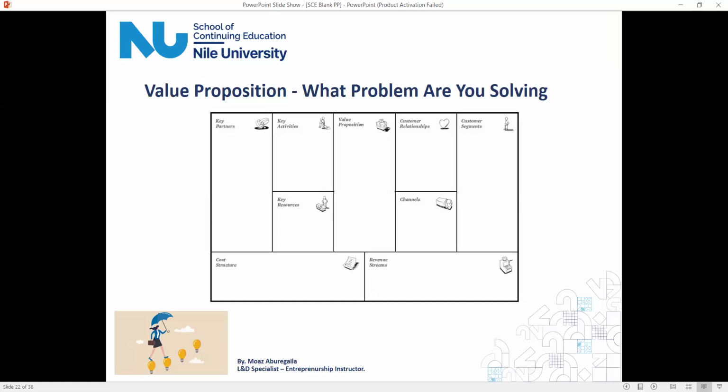When you say value propositions, are we looking at the numbers? I don't think I'm clear with the question. What do you mean by looking for the numbers?